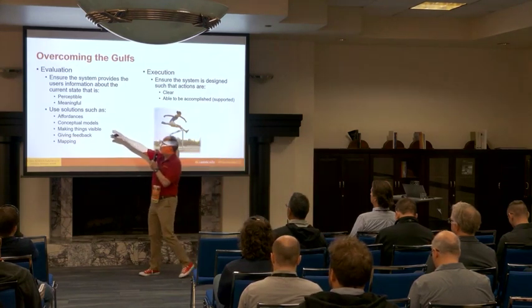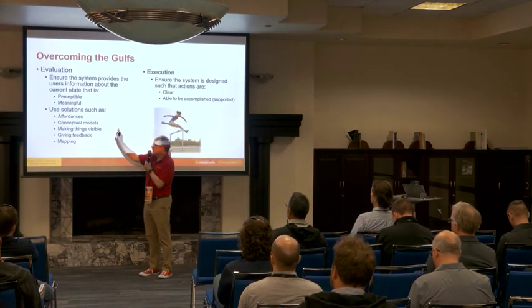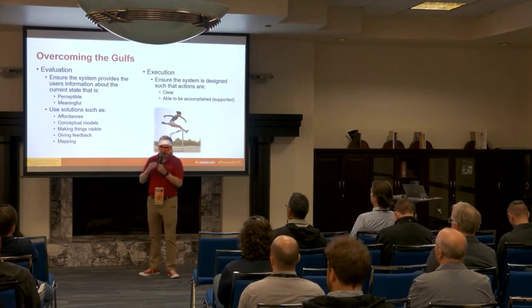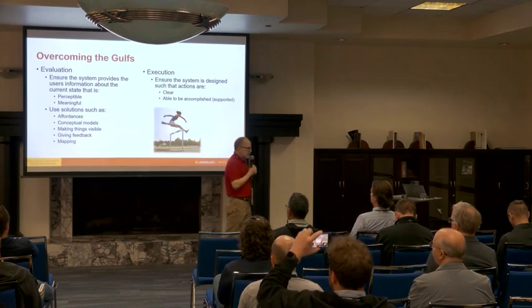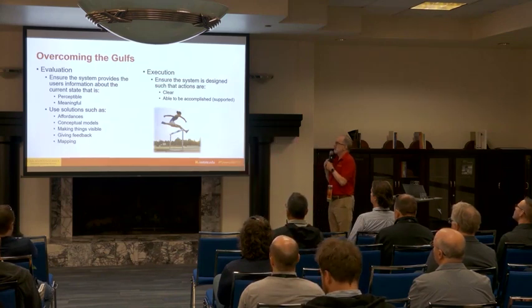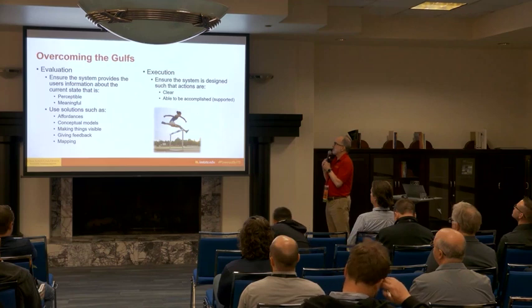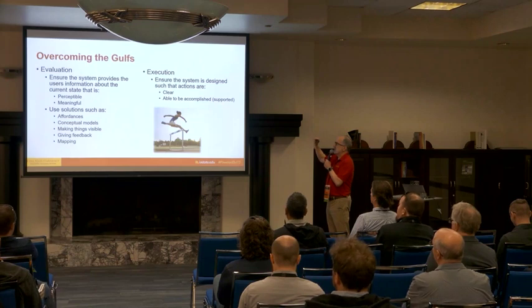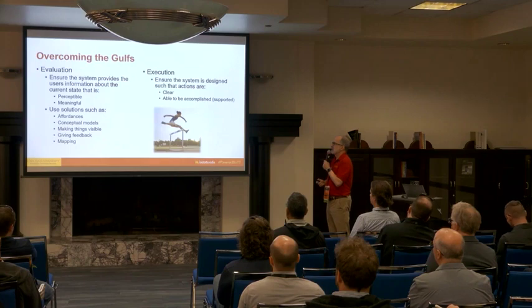We're going to talk about affordances and conceptual models, making things visible, giving feedback and mapping. But these are some of the possible methodologies that you're going to use to overcome those gulf of evaluation. And then under execution, again, you want to make sure that the system is designed such that the actions are A, clear, and B, actually able to be accomplished, that they actually are supported in capability.